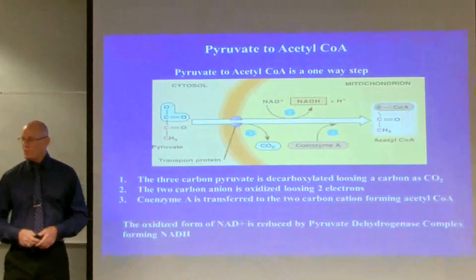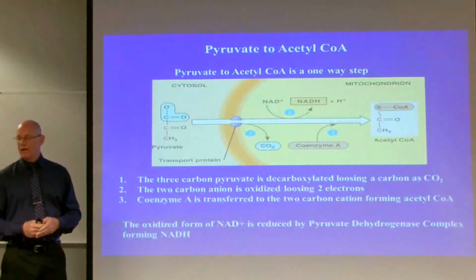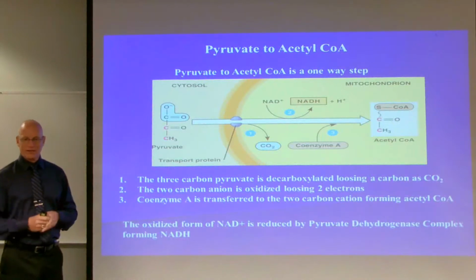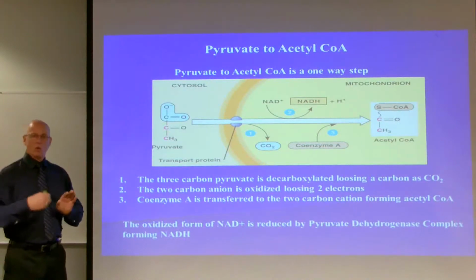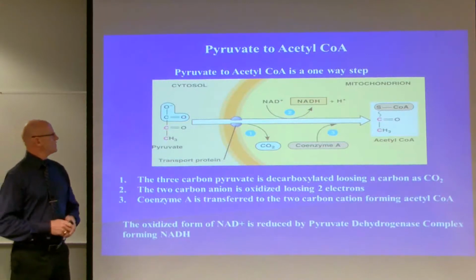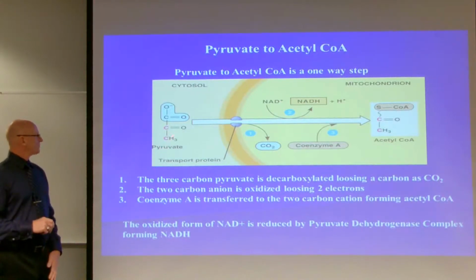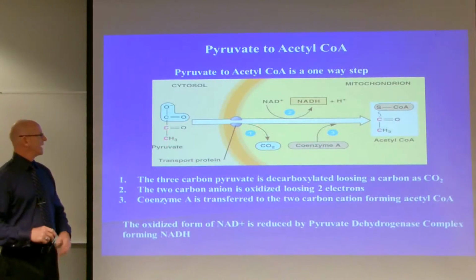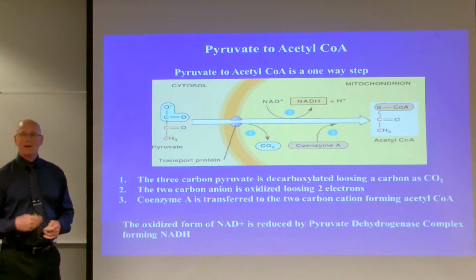Now, pyruvate to acetyl-CoA. This is the intermediate point in between glycolysis going into the citric acid cycle. And this is one of the junctions where we have nutrients coming in or going out that can be converted or not. So this is the pyruvate molecule, and it has to go into the mitochondria. Once it's in the mitochondria, then it will be decarboxylated.